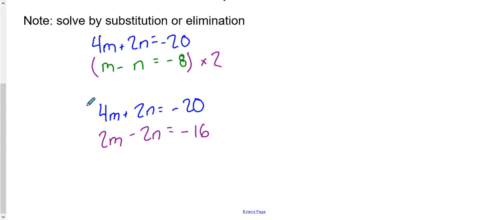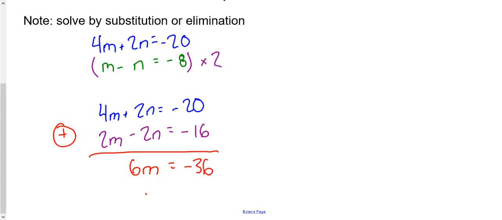To eliminate, in this case here, my n's are the same coefficients. One's a positive, one's a negative. I'm going to put a big fat addition sign here as my function, big equal sign underneath. Adding these together, I have 6m. My n's would cancel out because I got 2 plus negative 2, and my equal sign follows, and I got negative 36 here. To get m by itself, dividing everything by 6 gets you negative 6.